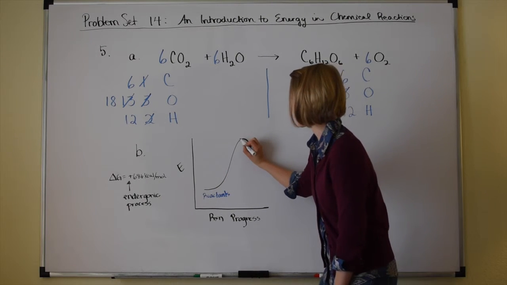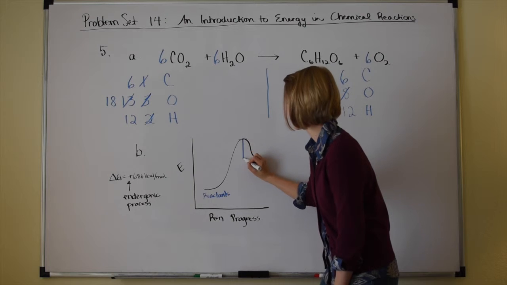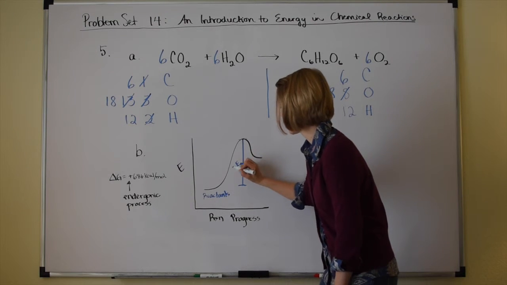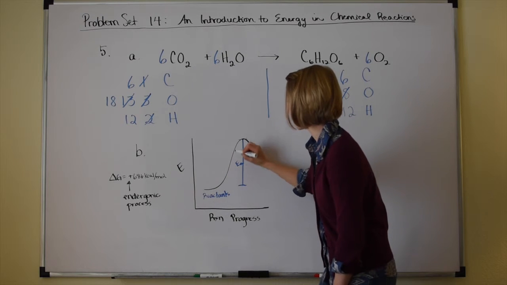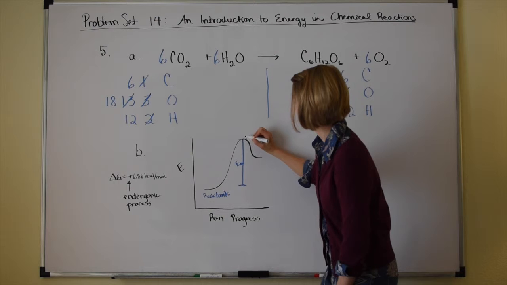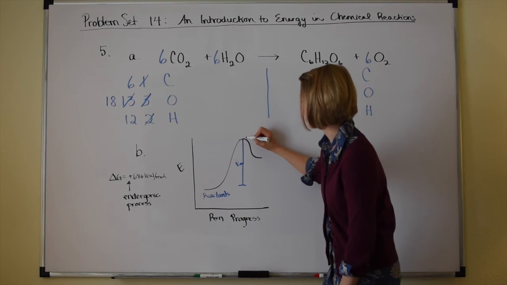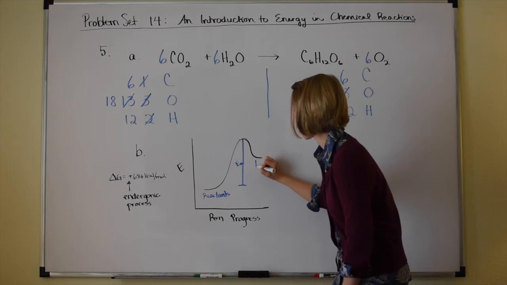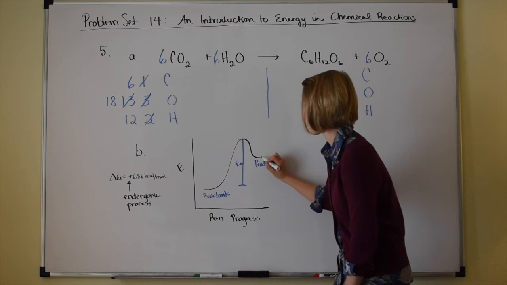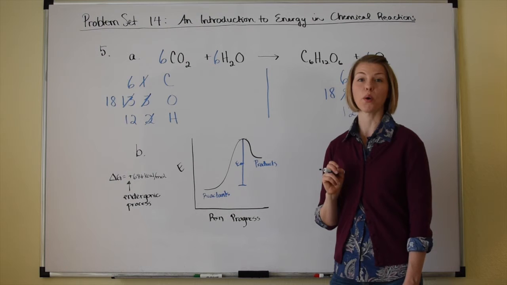The activation energy barrier is represented by this incline here, this change in energy to get the reaction going, this activation energy barrier. And then the products are represented at the end. The energy of the products are this final plateau.